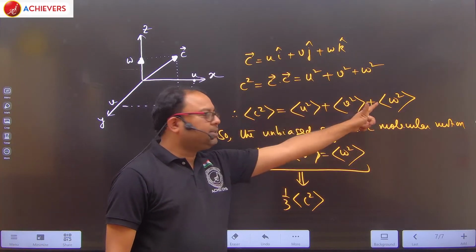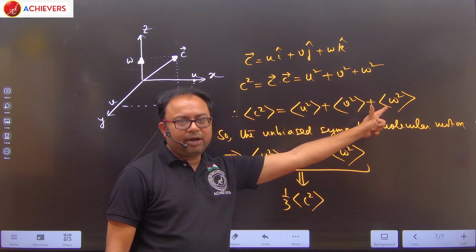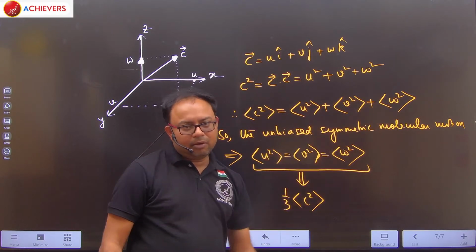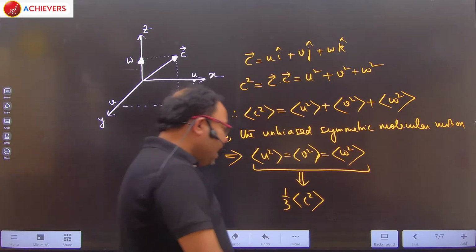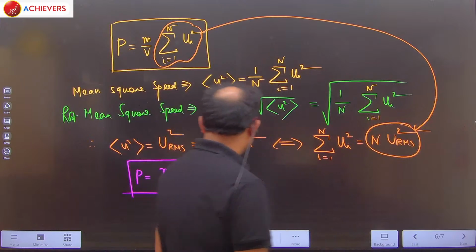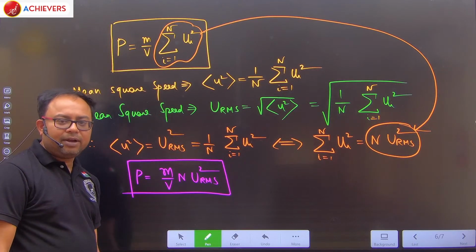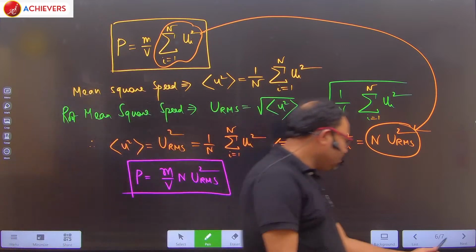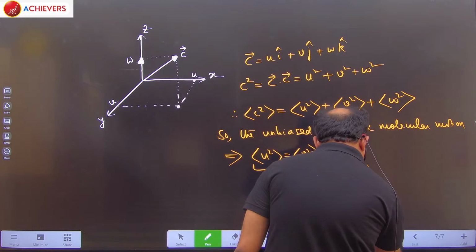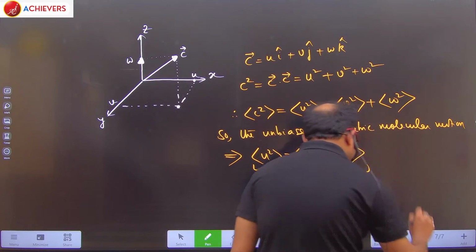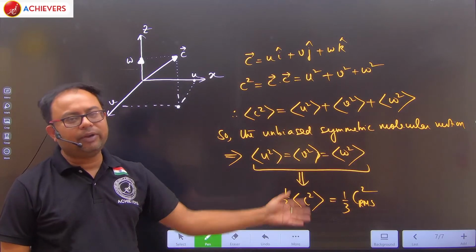Because sum of these three is equal to c square average, and if all of these three quantities are equal, then obviously they will be 1/3 of c square average. And by similar logic, if u square average is u RMS square, then c square average is c RMS square. So this is nothing but 1/3 c RMS square. We'll define in an analogous manner, just we'll replace u by c.